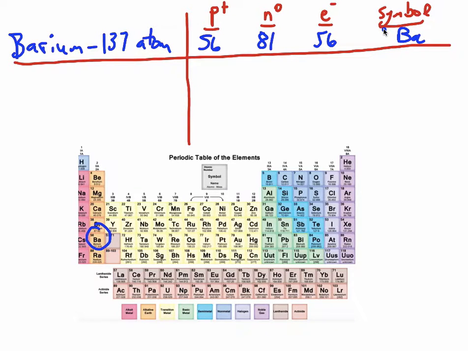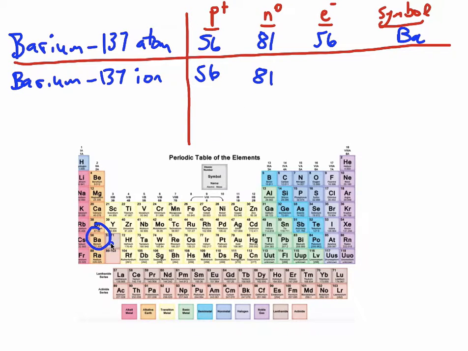Okay, so let's do another one here. Let's do the barium 137, but let's do the ion instead. Again, it's barium. Whether it's an atom or an ion, it's going to have 56 protons. Its atomic mass is 137, so it's going to have 81 neutrons.